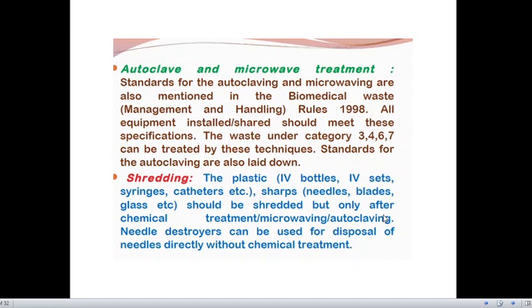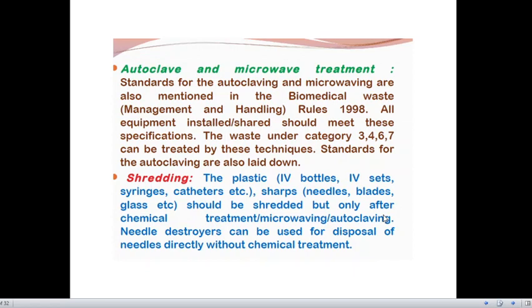So all this equipment installed or shared should meet these specifications, and the waste under category 3, 4, 6, 7 should be treated by these techniques, and standards for the autoclaving are also laid down.